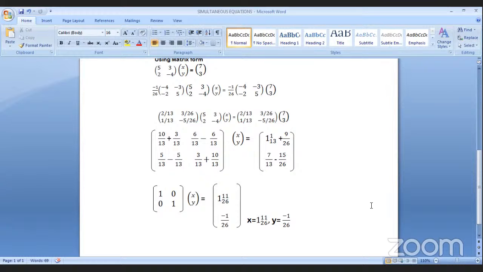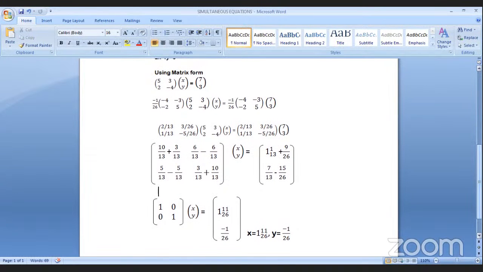So if we can just explain a bit more for our other friend to get it better. From this point, we multiply this determinant through everything here in this matrix. When we do that, -1 out of 26 times -4, we get 2 out of 13.